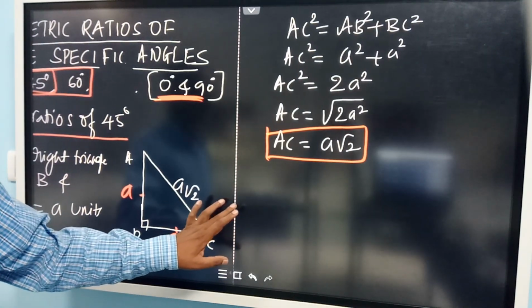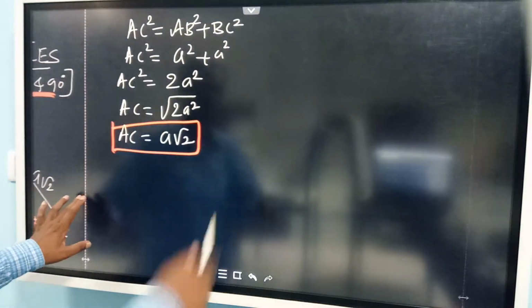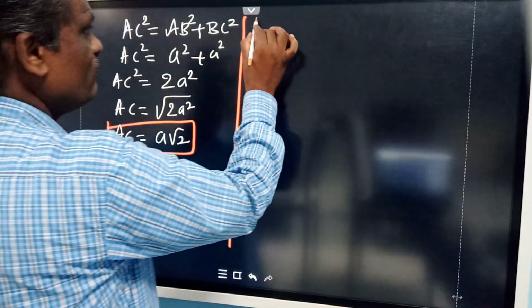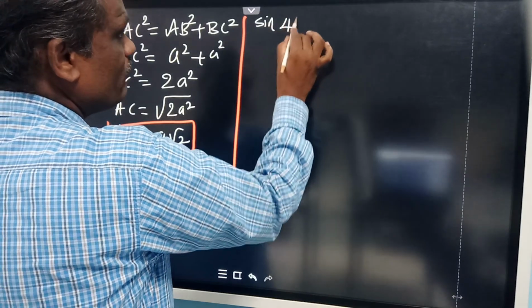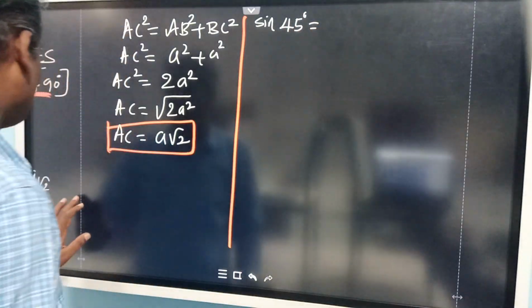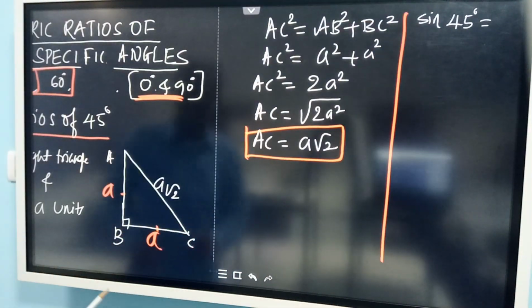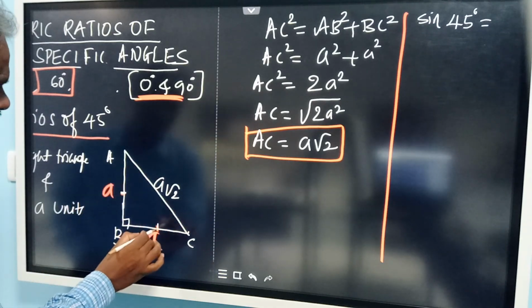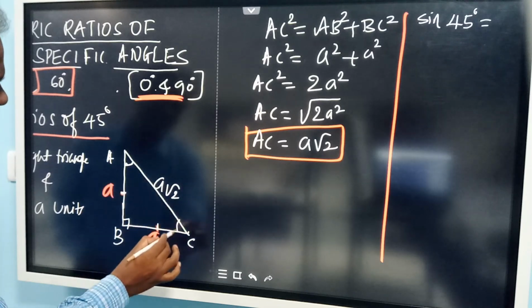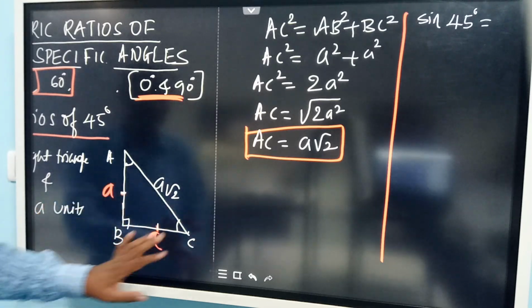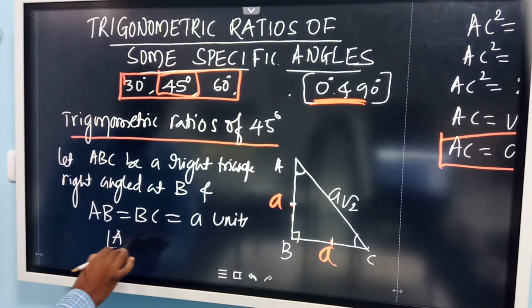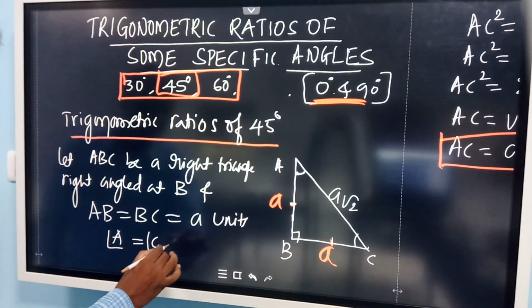Now you can write all the trigonometric ratios. First, let us write sine 45 degree. What is sine 45 degree? Since these two sides are equal, AB equal to BC, which implies angle A and angle C are equal.